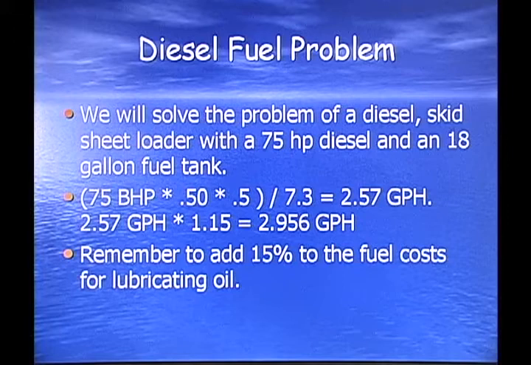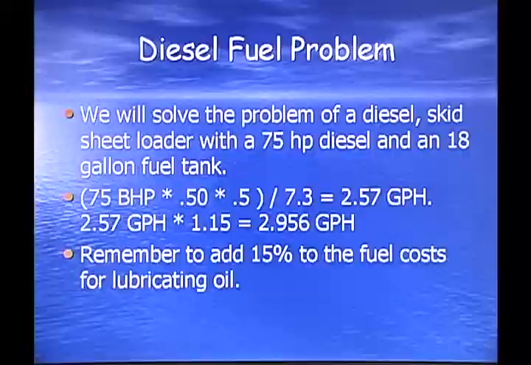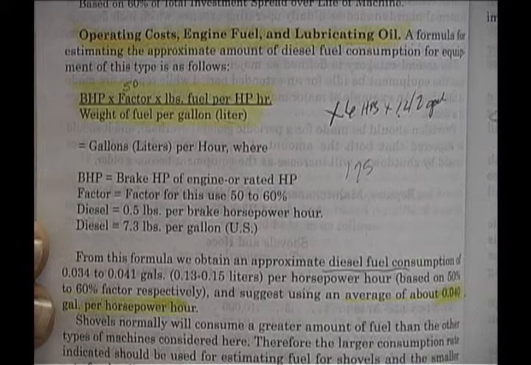Okay, so 2.57 gallons times 1.15. You have to add 15% for fuel cost and lubricating, so you may as well add it in at this point. So now your consumption is going to be about 2.956 gallons per hour with your lubricating oil and fuel costs added. Now, that's the hard way to do it.